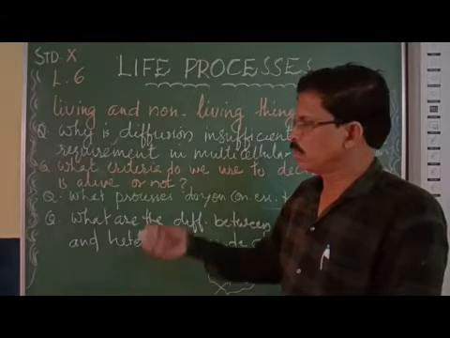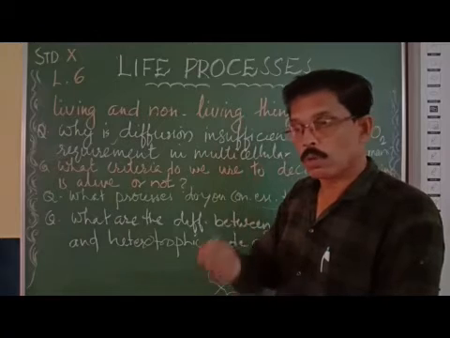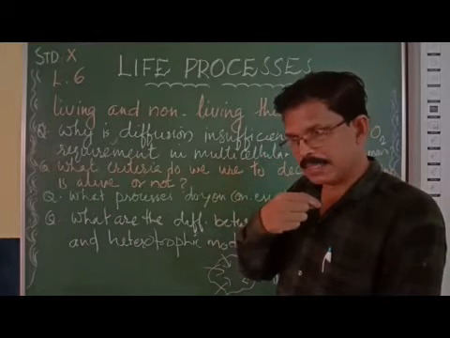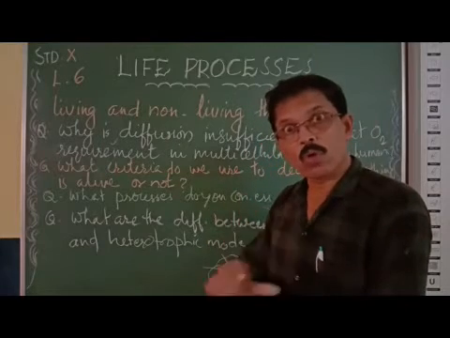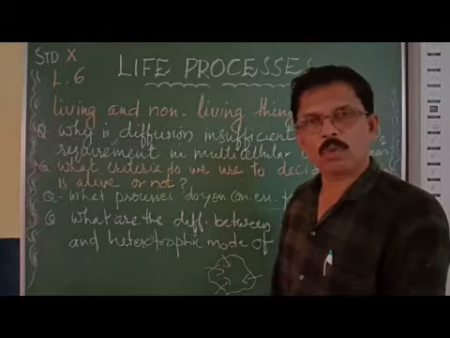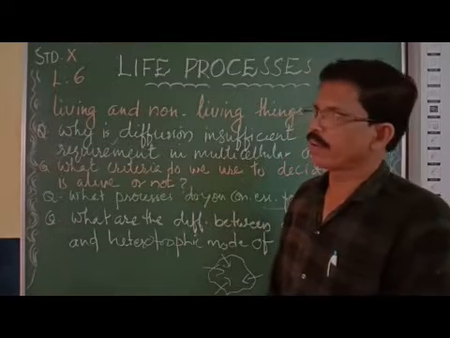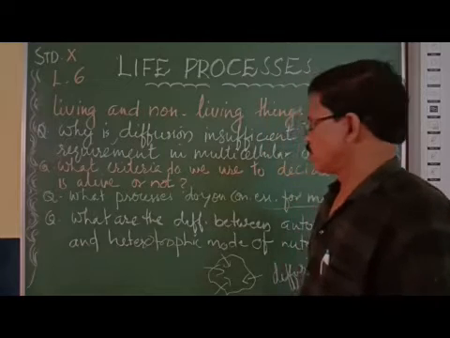Moreover, diffusion could take 1 year for the oxygen to reach the cells. That much slow a process is diffusion. So diffusion does not provide energy to multicellular organisms. Right.